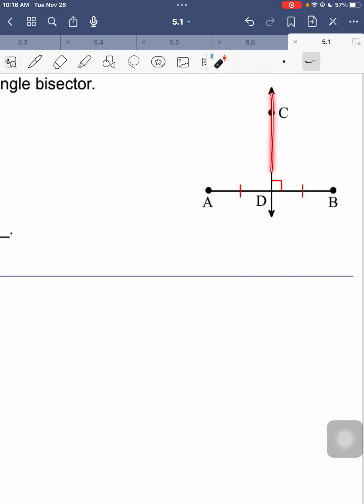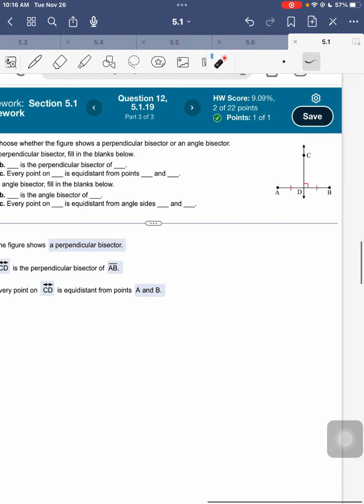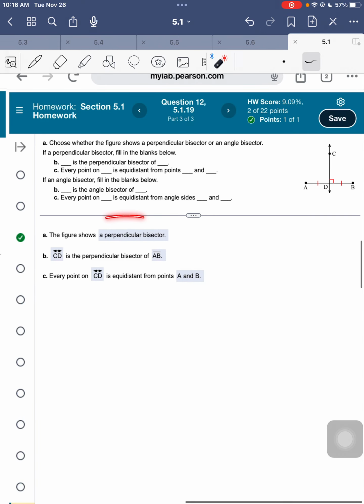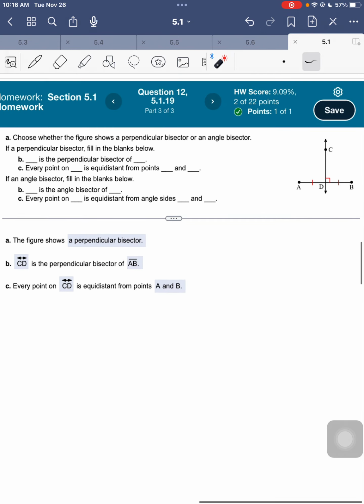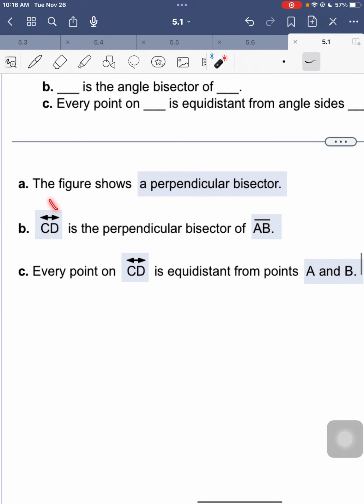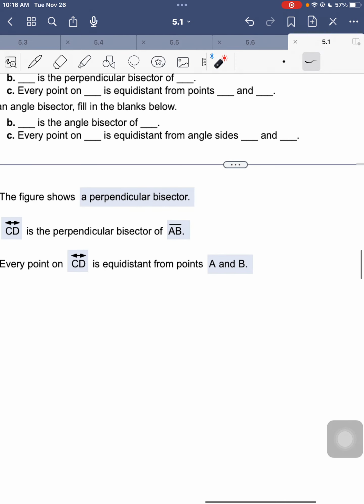Because this line bisected this segment right here at a perpendicular angle. So we know that the figure shows a perpendicular bisector, and we know that line CD, very important guys, line CD is the perpendicular bisector of line segment AB.